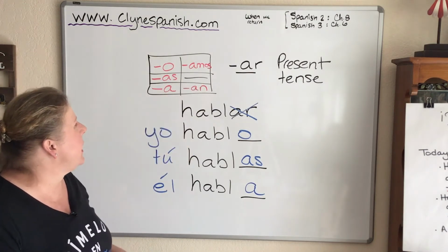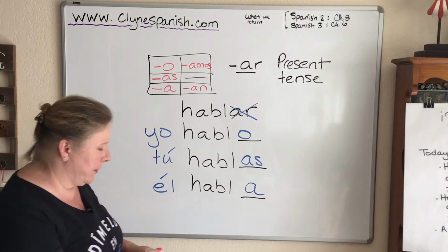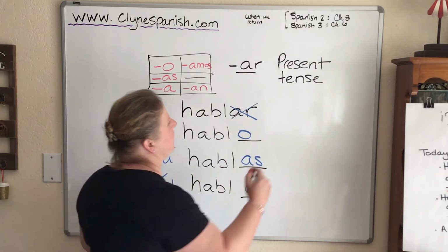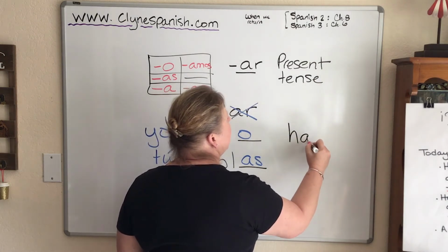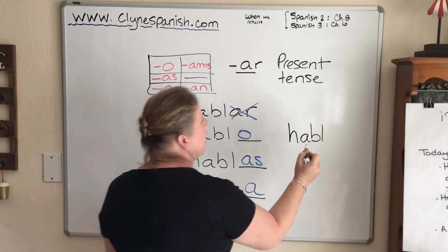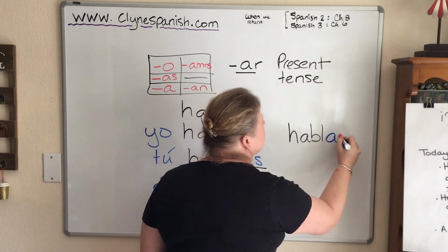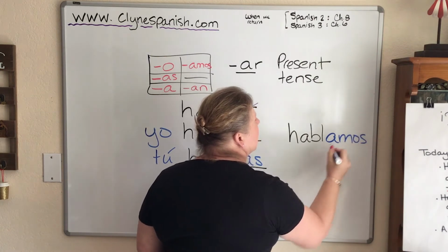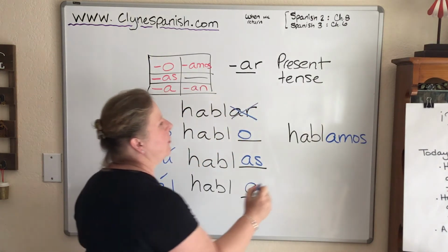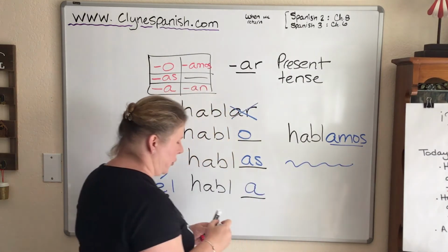Now if you come up to the other part of the chart, so nosotros, what would it be? It would be H-A-B-L, just like here. We took off the A-R, and then you're going to add the amos. Nosotros hablamos. Then we don't use the vosotros.